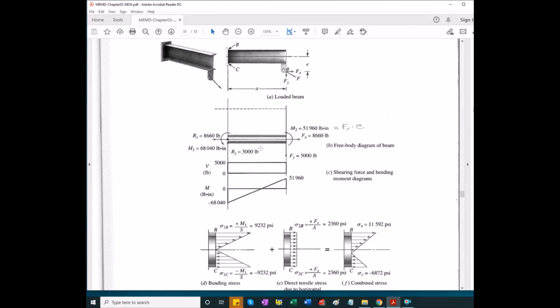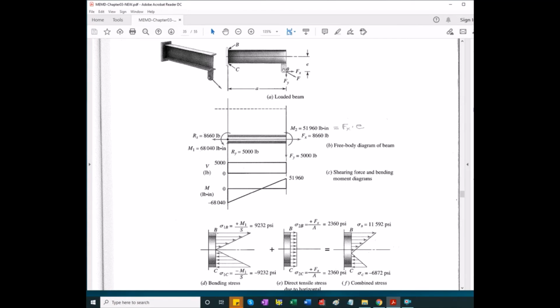See their distribution. The down force Fy causes more negative bending than the positive bending of M2, and then on top of it we are adding the tensile force. So maximum moment at the encastration divided by the section modulus of the I-beam provided.